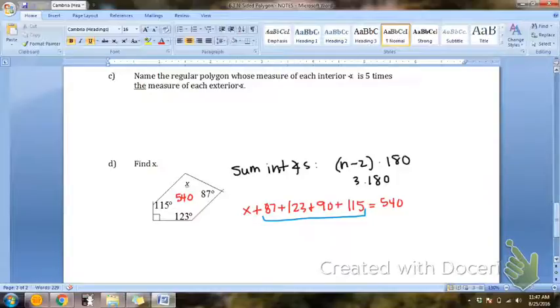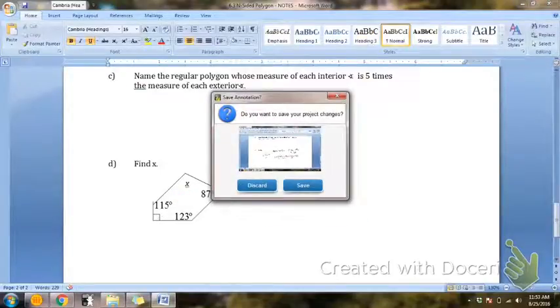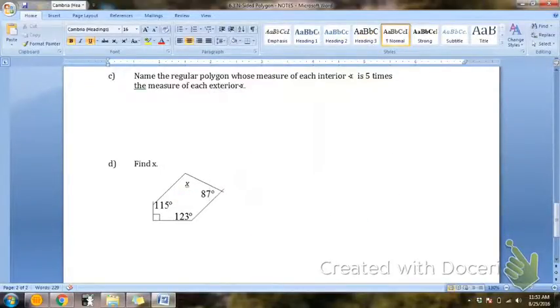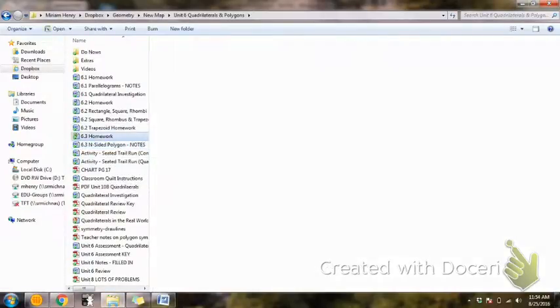Okay, let me show you quickly what you need to do on your homework for 6.3. I'm going to do an example with you. This is the last thing in chapter 6. So you have this chart.